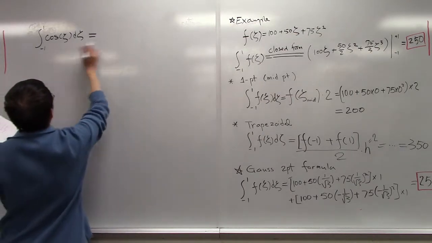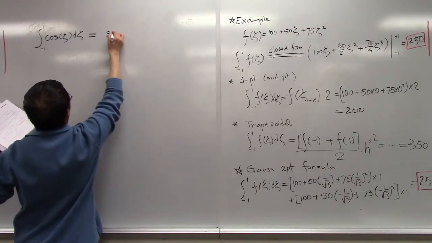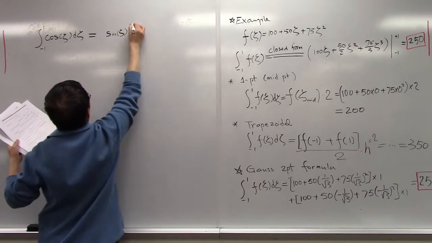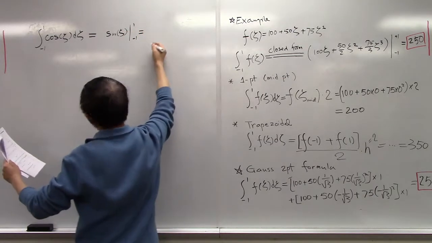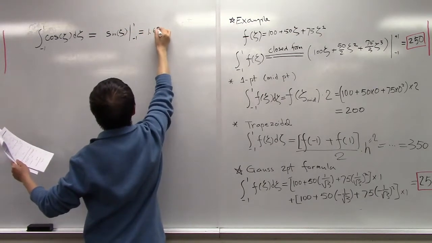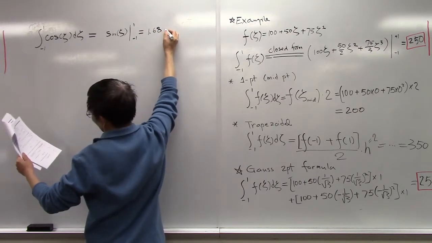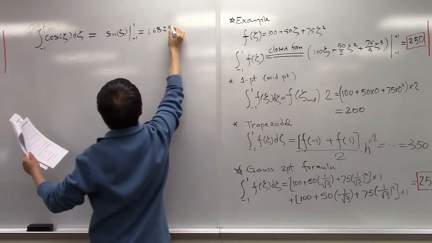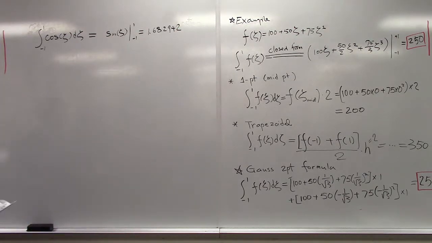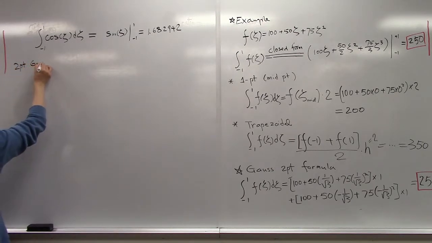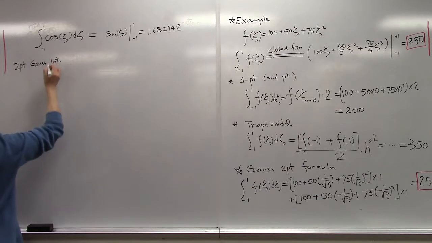Of course, the integration of this is sine theta, so you put 1 from -1 to 1 there. At the end, this is equal to 1.682942. Okay? Now use 2-point Gaussian integration.